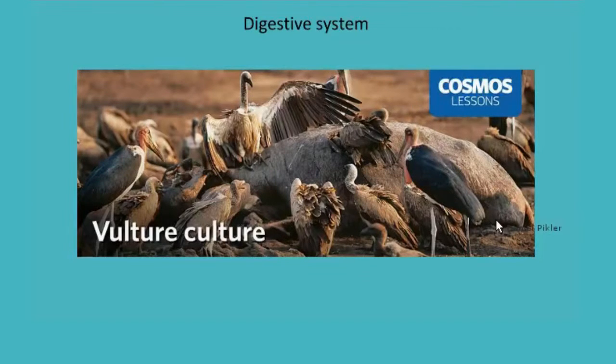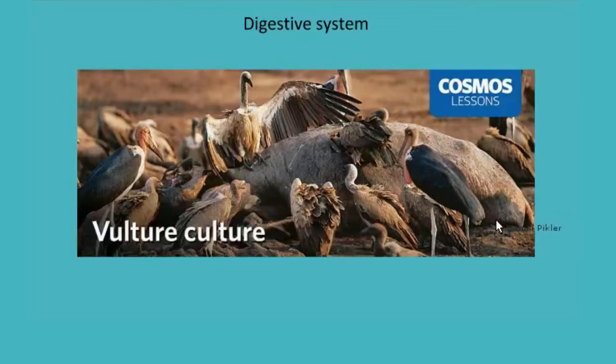This image is in reference to an article in Cosmos magazine about the vulture's digestive system, and how its adapted digestive system enables it to eat dead meat, which of course would kill most other creatures. So that's a very brief overview of what I mean by context-led learning.